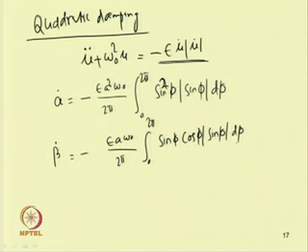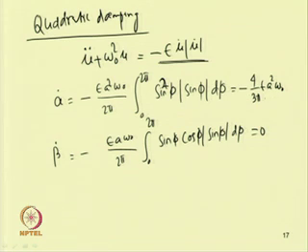So, integrating these two, one can write beta dot equal to 0 and a dot equal to minus 4 by 3 pi epsilon a square omega 0. So, a dot becomes minus 4 by 3 pi epsilon a square omega 0.